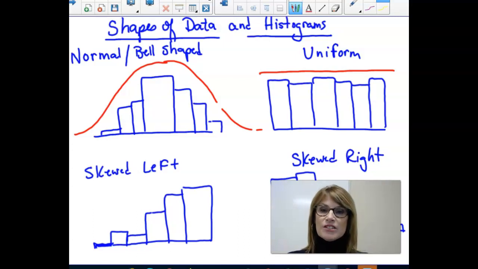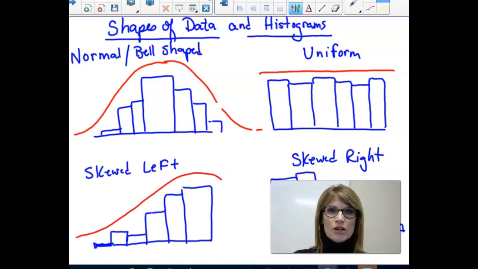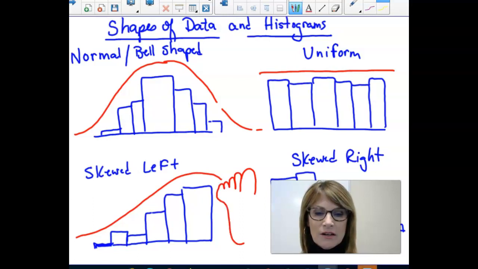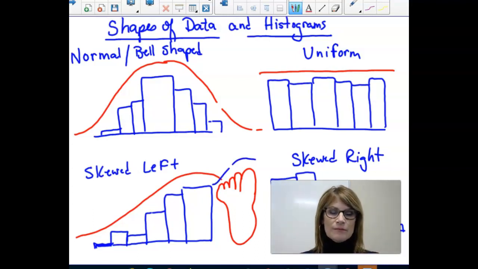Then we have data that is skewed left. It trails off to the left side. And you can remember that if you think about what your left foot looks like. So if your left foot looks like this, your data would trail off to the left side.